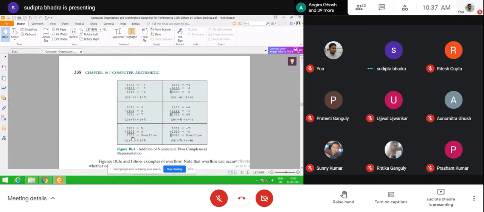Whenever both numbers are positive and generate 9, you may say, sir, 1001 is the representation of 9. So where is the problem?